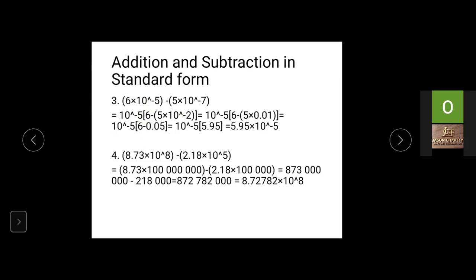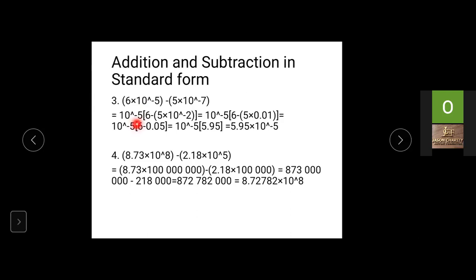So when we bring out 10 raised to the power of minus 5 from the first term, 6 times 10 raised to the power of minus 5, we have 6. Minus, when we bring out 10 raised to the power of minus 5 from 5 times 10 raised to the power minus 7, we have 5 times 10 raised to the power minus 2 left.